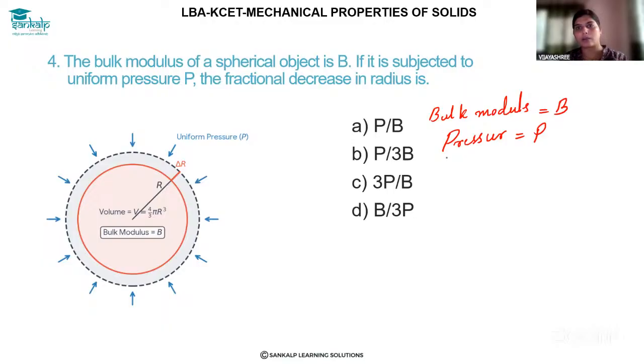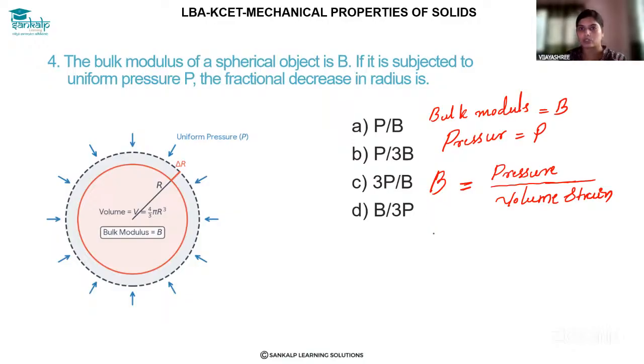So, bulk modulus. What is bulk modulus? B is equal to pressure divided by volume strain. Bulk modulus is the ratio of pressure to volume strain. Volume strain is the ratio of change in volume to original volume.